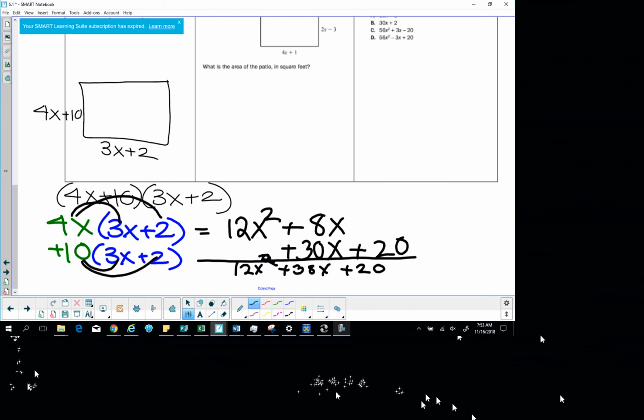Who can raise their hand and tell me what is the leading coefficient? I got this. I got it. 12. It's the coefficient in front of the degree. Beautiful. Who can raise their hand and tell me the constant? Christopher. Beautiful. Positive 20.